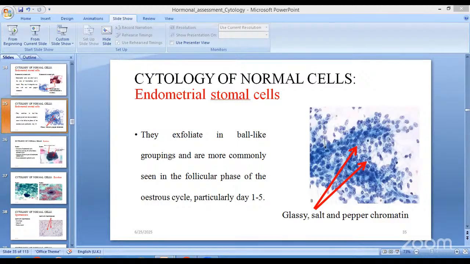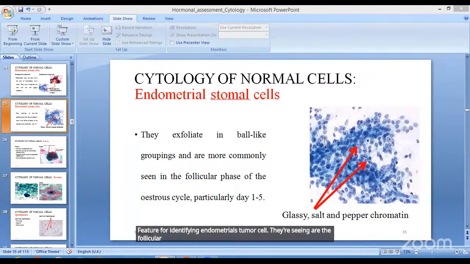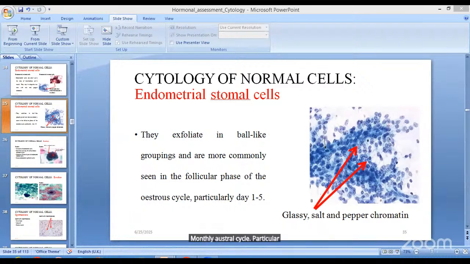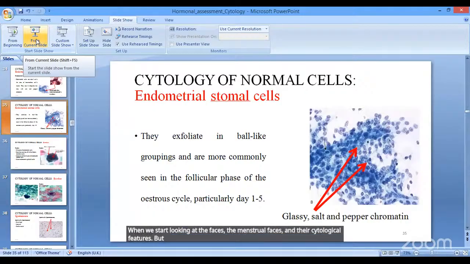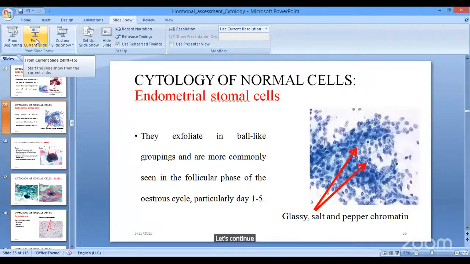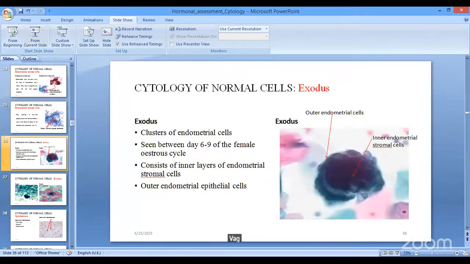They are seen at the follicular phase of the monthly oestrus cycle, particularly day 1 to 5. We'll talk more on that later when we start looking at the menstrual phases and their cytological features. But now let's continue to review normal cells seen in the vaginal smear.